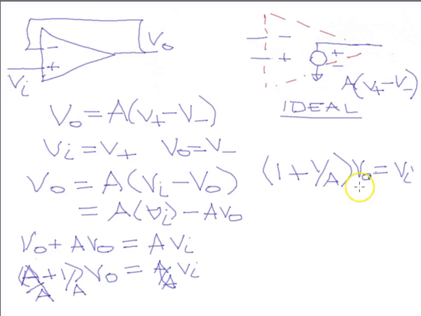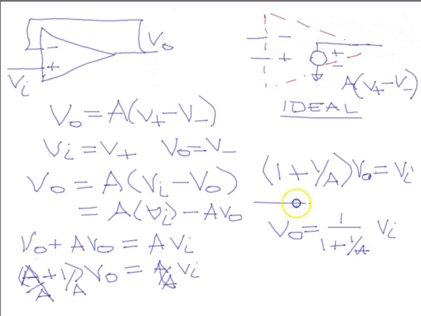Now again, we want to solve for the output voltage, so let's divide both sides by this term, 1 plus 1 over A. So then that gives me the output voltage equals 1 over 1 plus 1 over A times the input voltage.